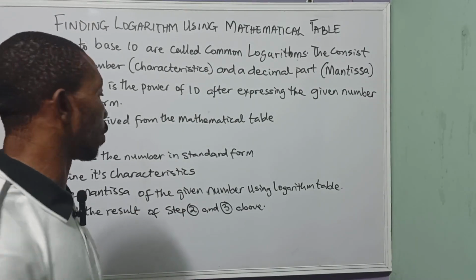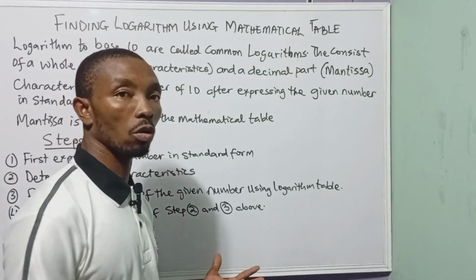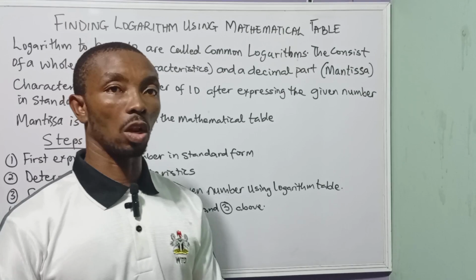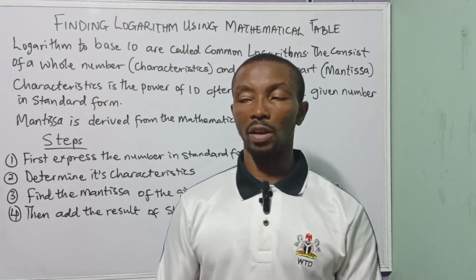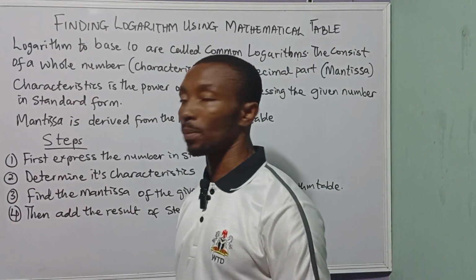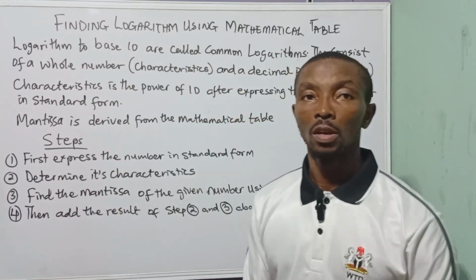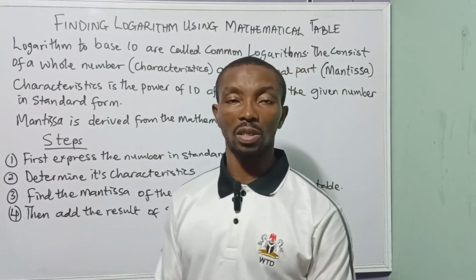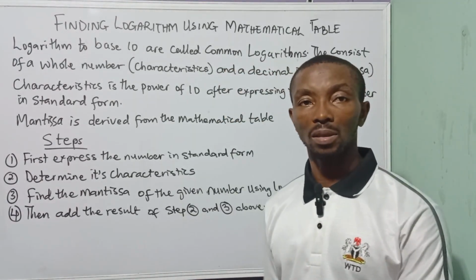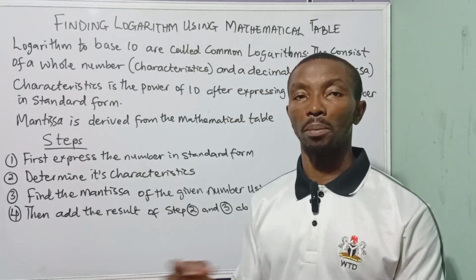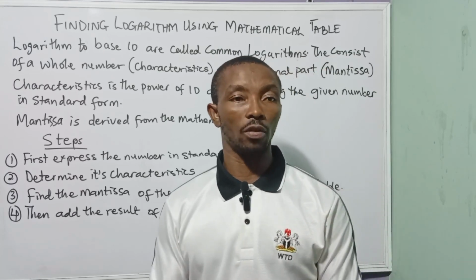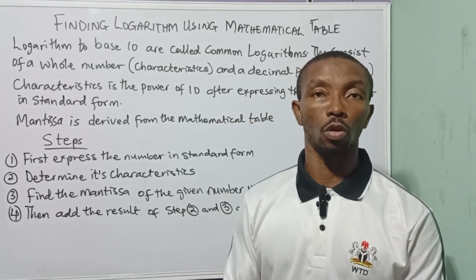The next step we'll be looking at is, after finding that log, we will find the antilog of that result at the end of the day. So our first step is to express in standard form. Second, determine your characteristics. Third, find the mantissa. Fourth, add the characteristics and the mantissa together to give you the log of the number which you're looking for.